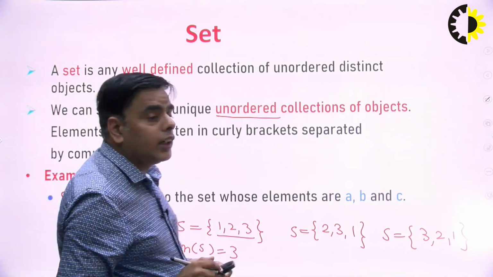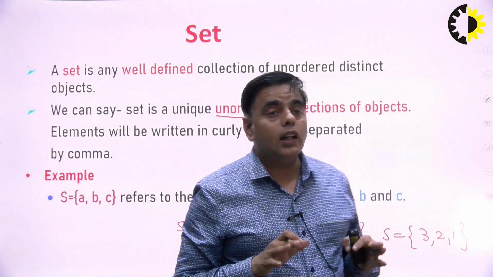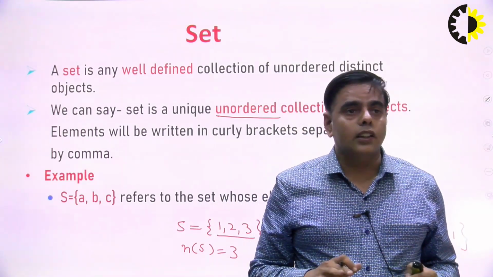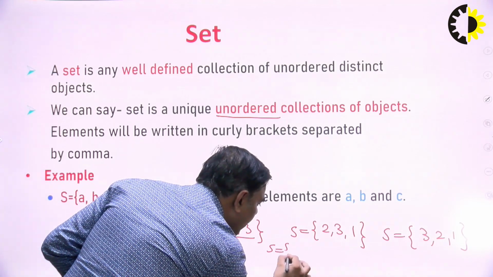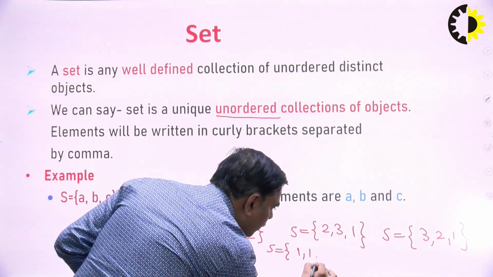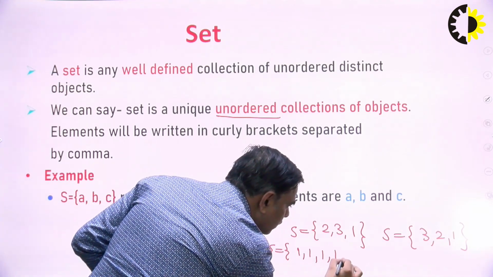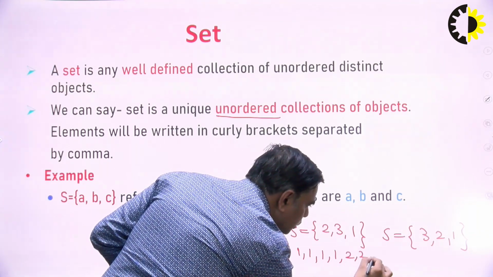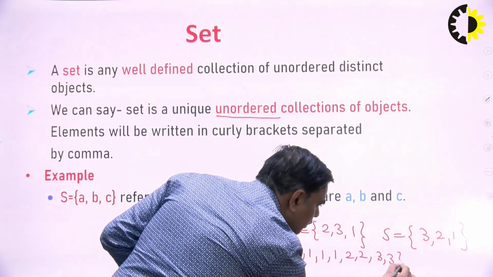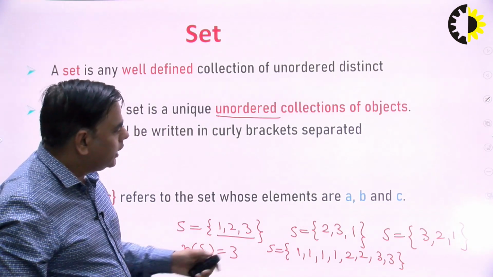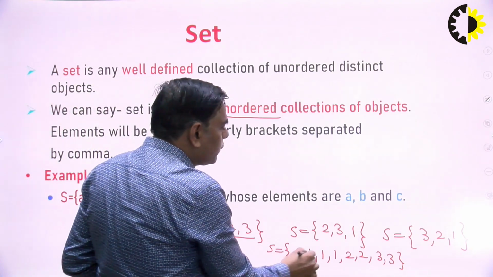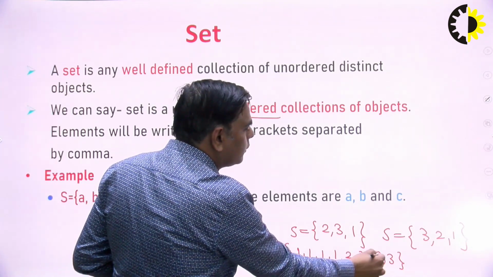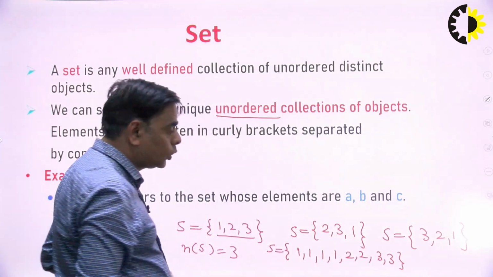Next thing is, all the elements of the set should be distinct. So, if there is a set containing elements like 1, 1, 1, 1, 2, 2, 3 and 3, you can see that this set contains 8 elements, where the element 1 is repeated 4 times, 2 is repeated 2 times and 3 is repeated 2 times.